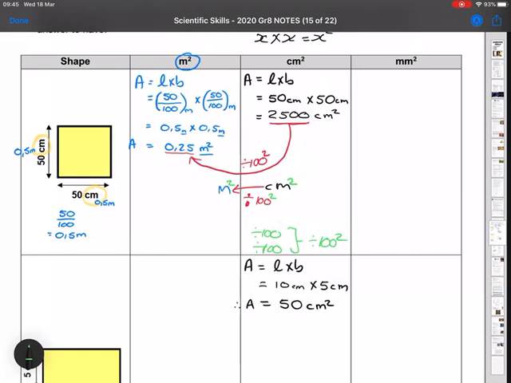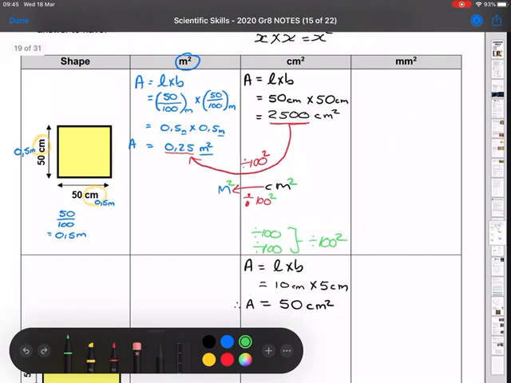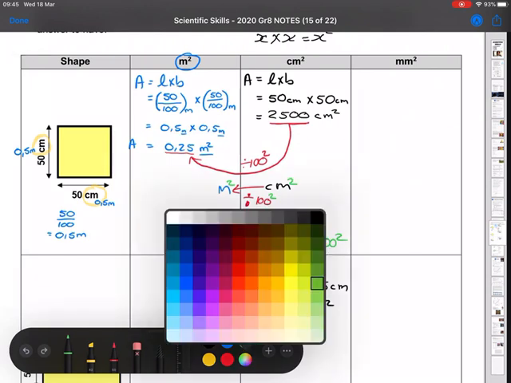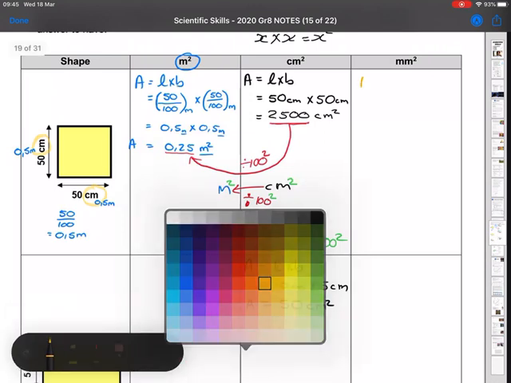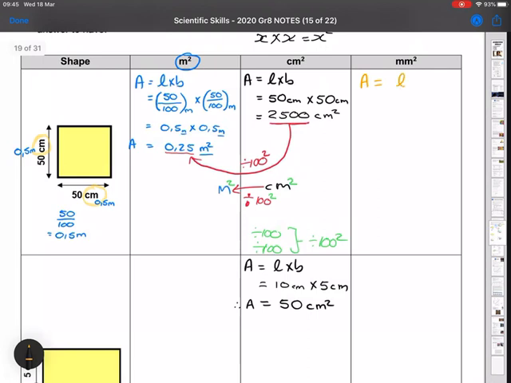We're going to convert centimeters squared into millimeters squared. So this is the last column that you see over here. Our formula will be area equals length times breadth, still again. Originally we had 50 centimeters.